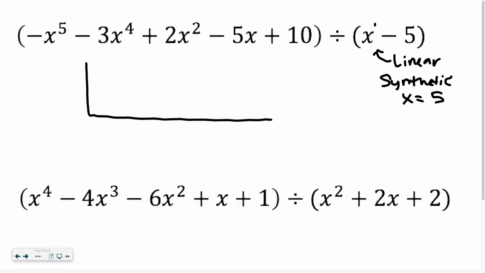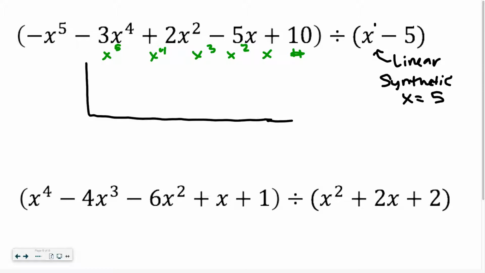Okay, what's my highest exponent in my dividend? X to the 5th. So I have to have an x to the 4th, x cubed, x squared, x, and a number. Ooh, I gotta have a lot of coefficients in there. Put only the coefficients, none of the x's.